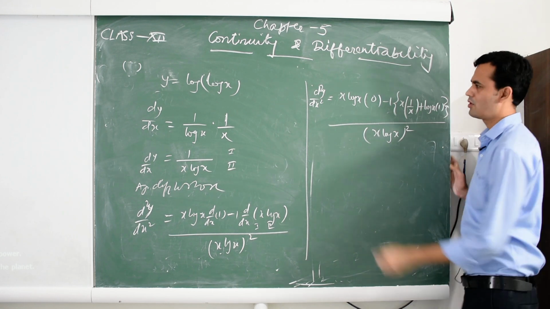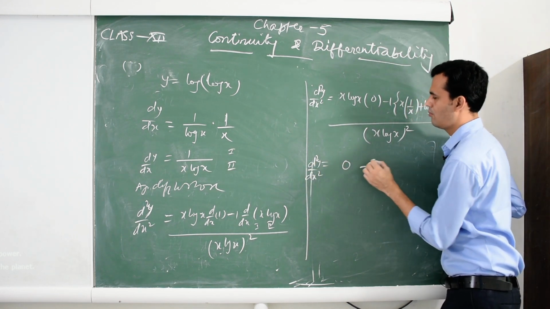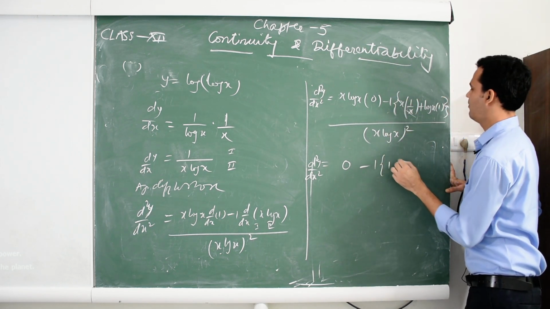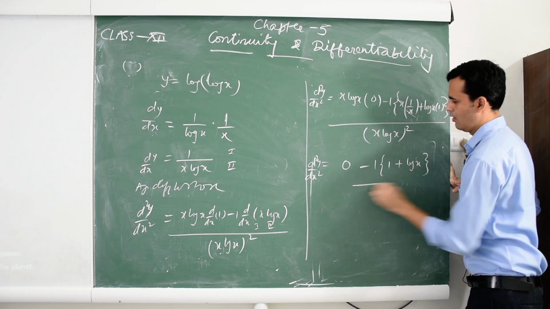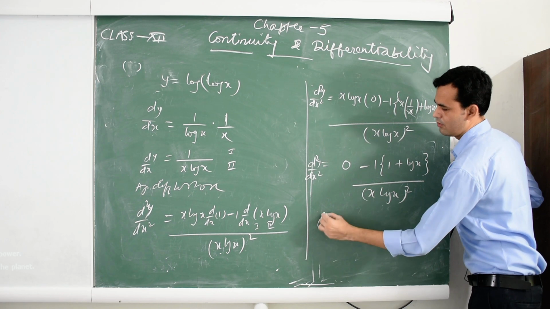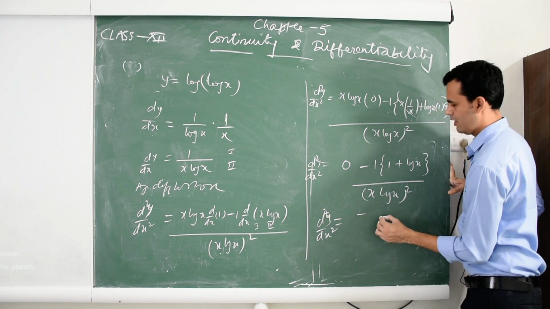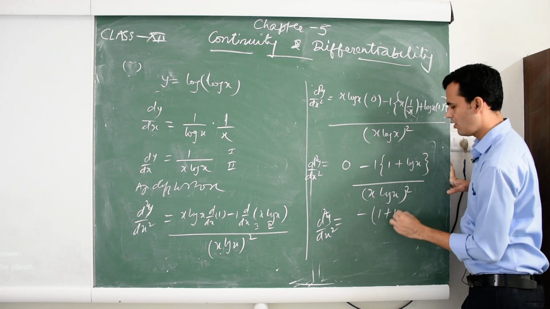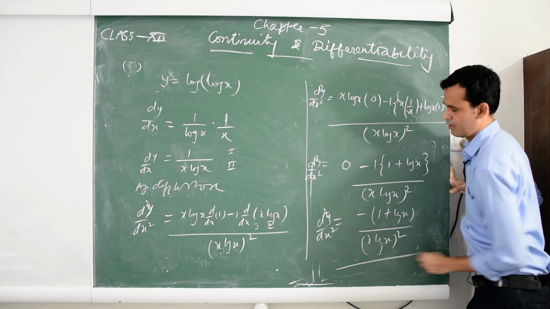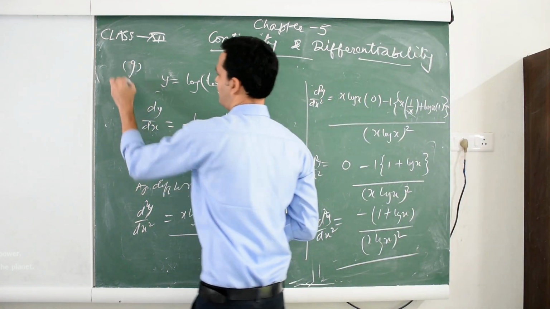So d2y by dx square equals 0 minus, this 2 cancels, 1 plus log x upon x log x whole square. So the value of d2y by dx square is minus 1 plus log x upon x log x whole square. This is the answer of question number 9.